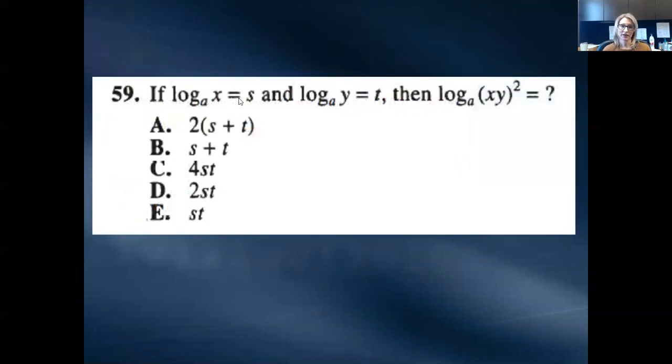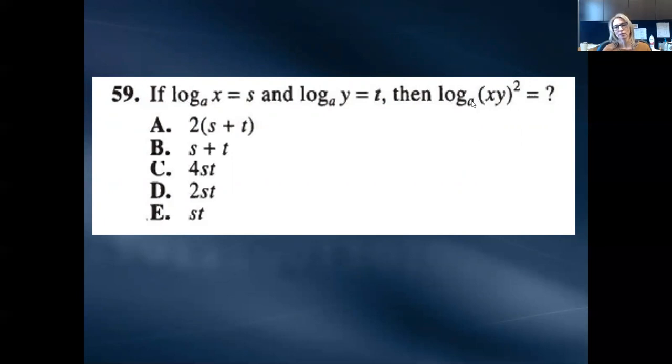All right. If log a of x equals s and log a of y equals t, then log a of xy squared equals what? Now, if you'll remember before when we saw that question and it said log b of xy equals log b of x plus log b of y, that's what we're looking at.